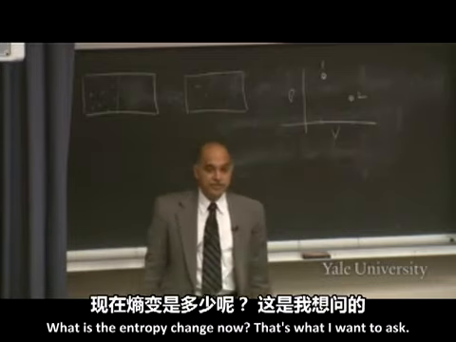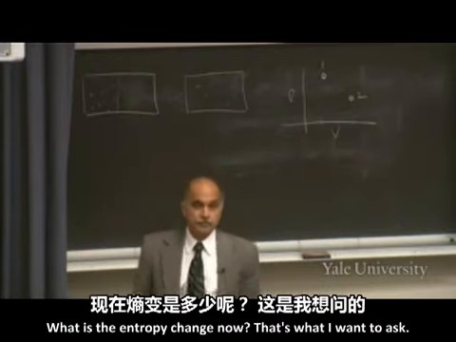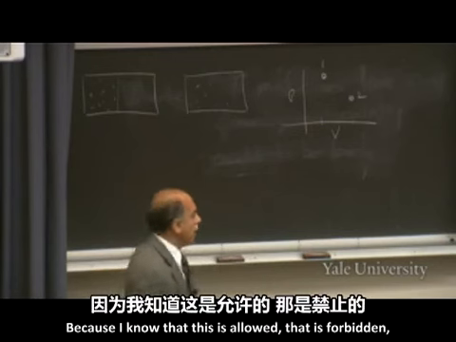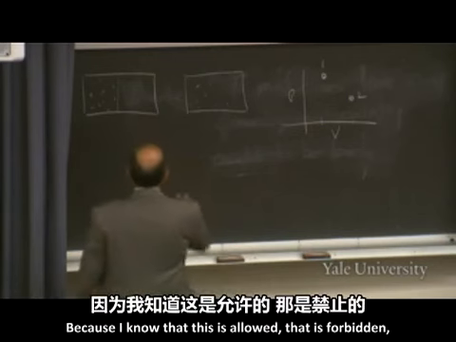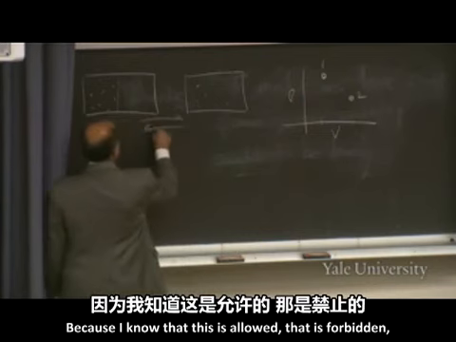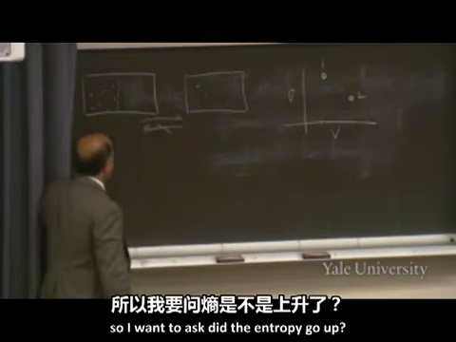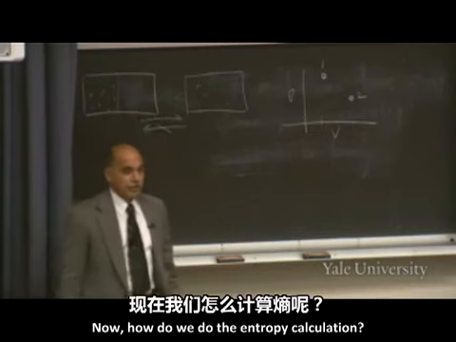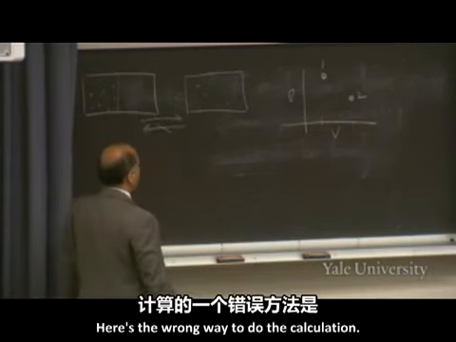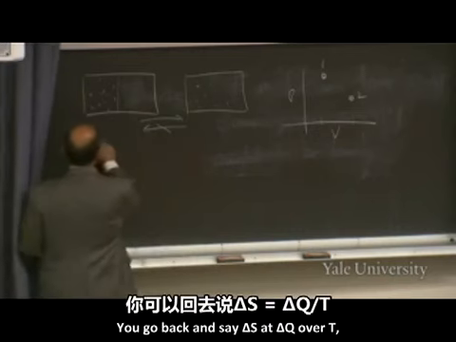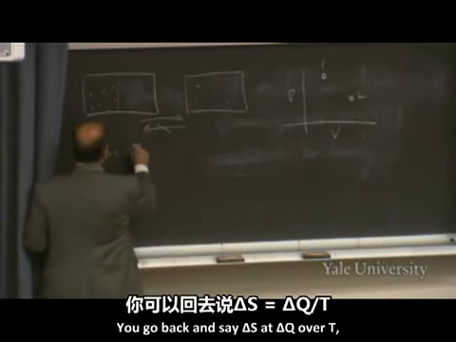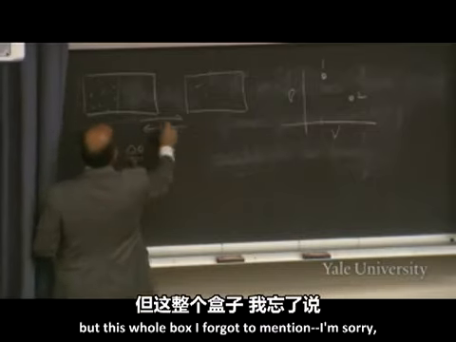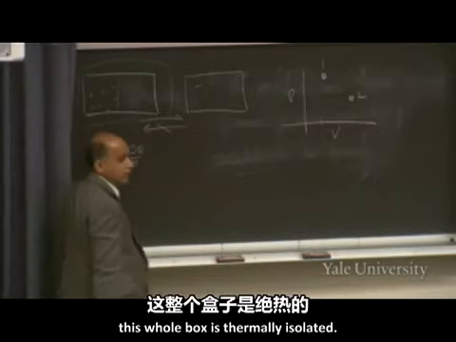What is the entropy change now? That's what I want to ask. What's the change in entropy here? Because I know that this is allowed, that is forbidden. So I want to ask, did the entropy go up? Now, how do we do the entropy calculation? Here's the wrong way to do the calculation. You go back and say delta S is delta Q over T. But this whole box, I forgot to mention, I'm sorry, this whole box is thermally isolated.